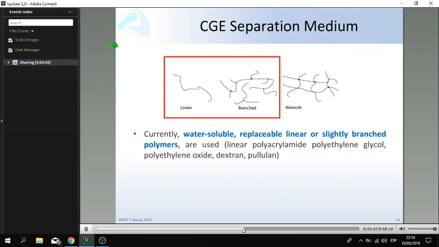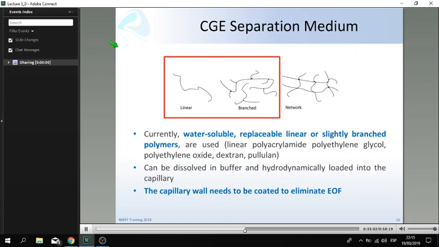So currently water-soluble, replaceable linear or slightly branched polymers are used. So things like linear polyacrylamide or linear polyethylene glycol or dextran. You dissolve them in a buffer and then you hydrodynamically load it onto a capillary.